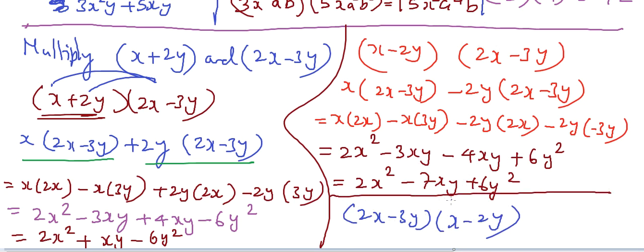Whichever way you multiply, you will get the same result, 2x square minus 7xy plus 6y square, because addition and multiplication are commutative. That means a plus b is equal to b plus a, and a into b equals b into a.